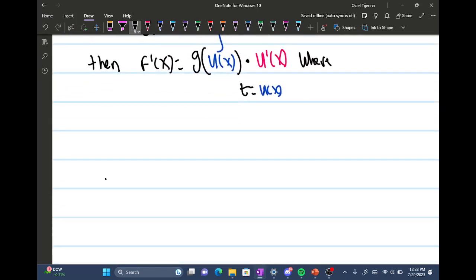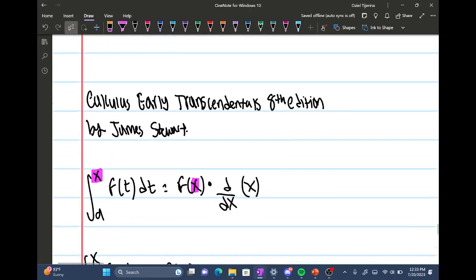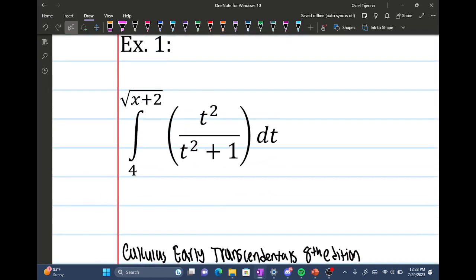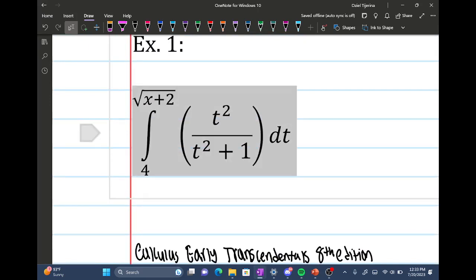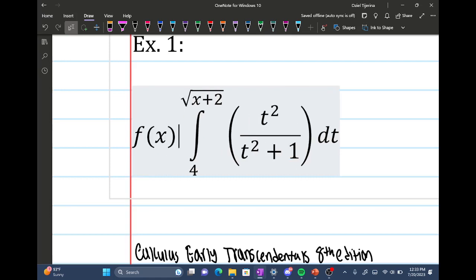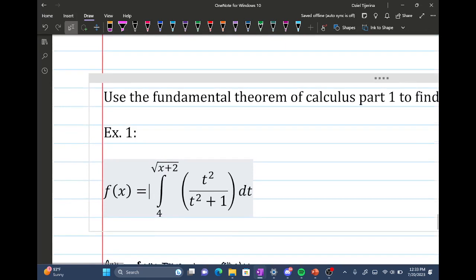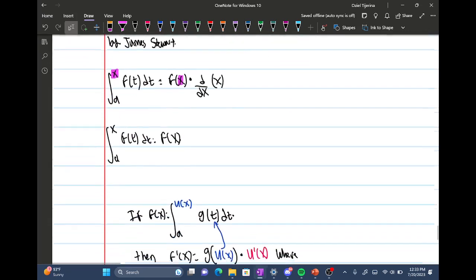So using that definition, we have the integral from 4, and I actually forgot to put one thing here. F of x equals, sorry guys, I forgot to put that in there.